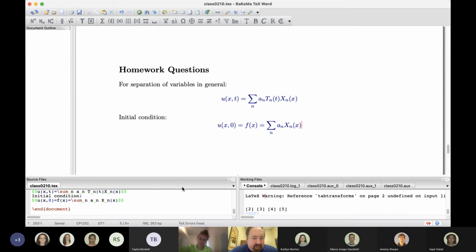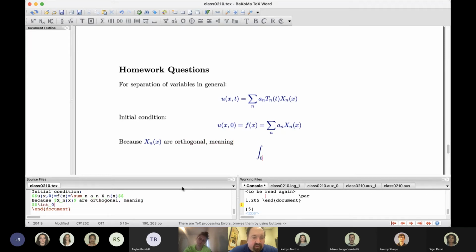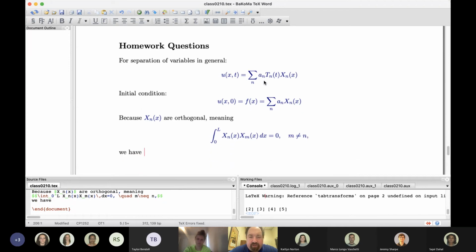But regardless of any of that, because these functions that you get are orthogonal, whatever domain you have, like interval 0 to L, this integral is equal to 0 whenever m is not equal to n. This is your general formula for the coefficients a_n.